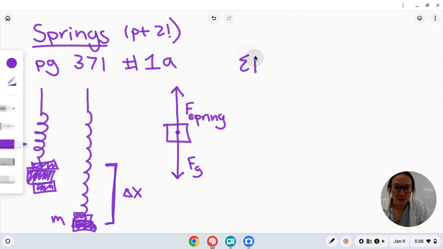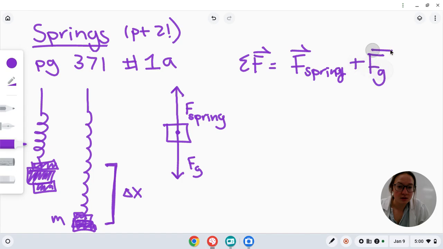The net force that's acting on this mass is equal to the force from the spring plus the force from gravity. Now, don't forget, whenever you draw a free body diagram, it's essential that you define your axes. I'm going to call, in this case, up positive y.